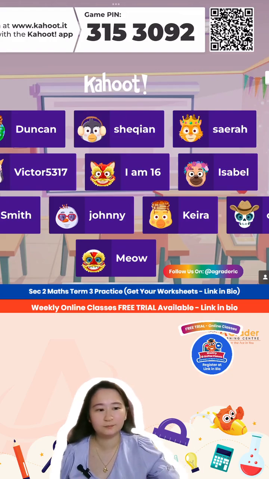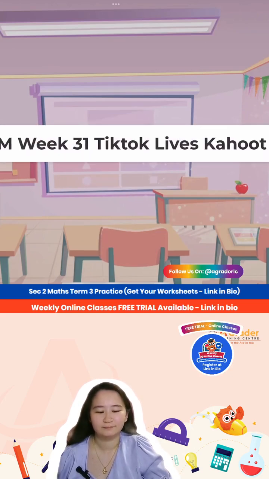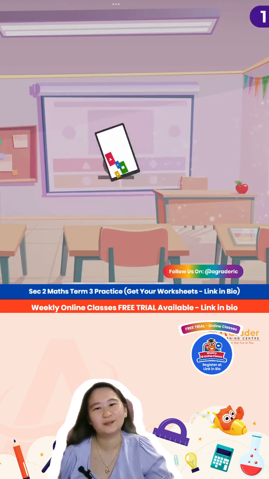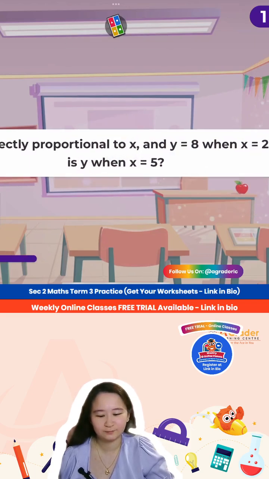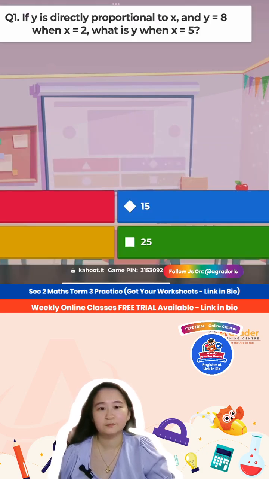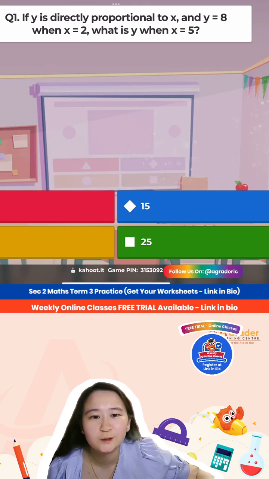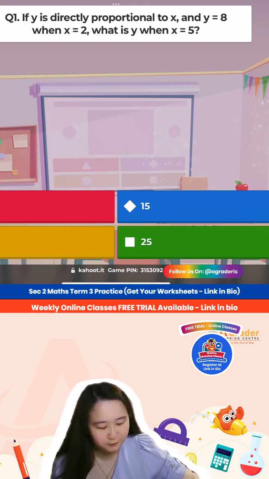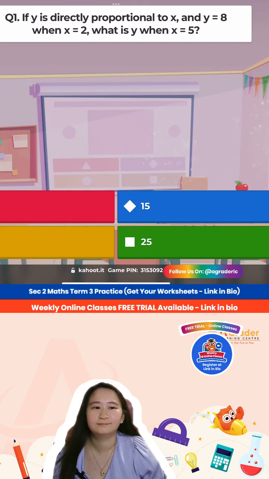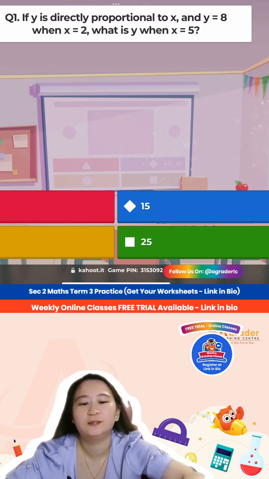Okay, I'll begin now. It's okay, you still can join for fun. The game pin you all still can see, right? It's at the bottom. So if you want to join, you all still can join. 3153092. Yep, you still can join.